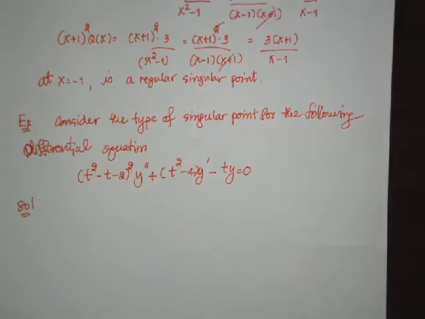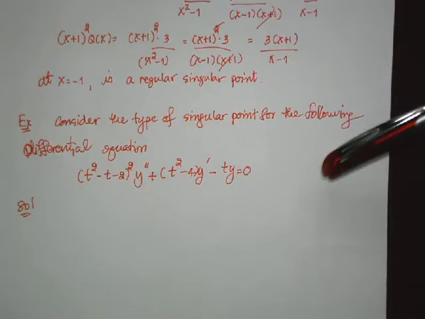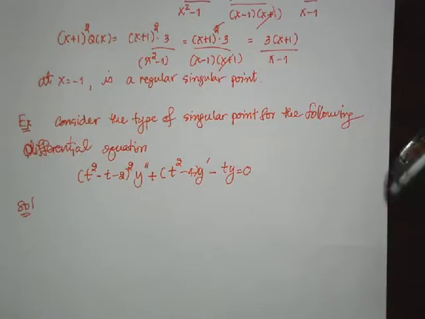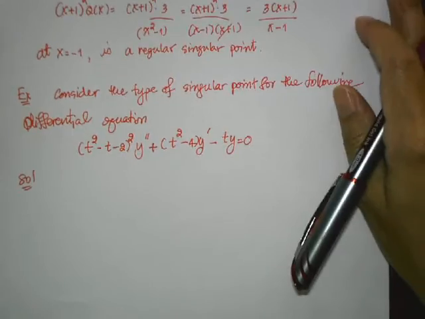In order to do this, we are going to rearrange our differential equation in such a way that we get p(t) and q(t). Now it changed to t, right? Because our independent variable is t.